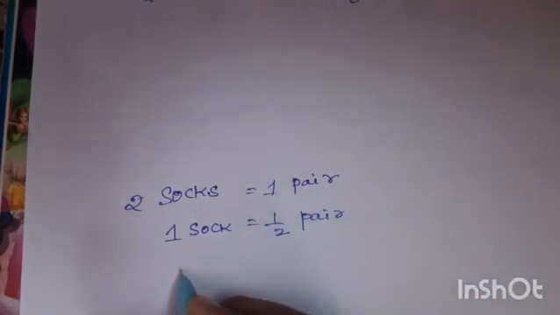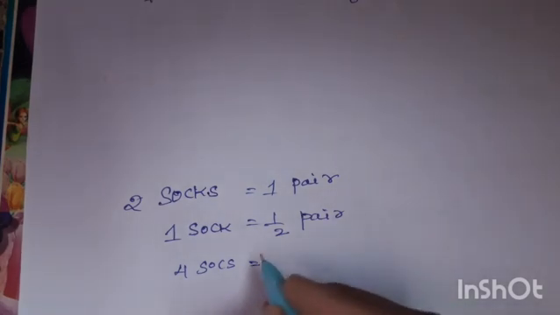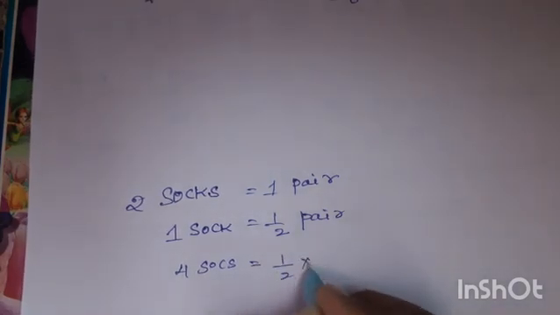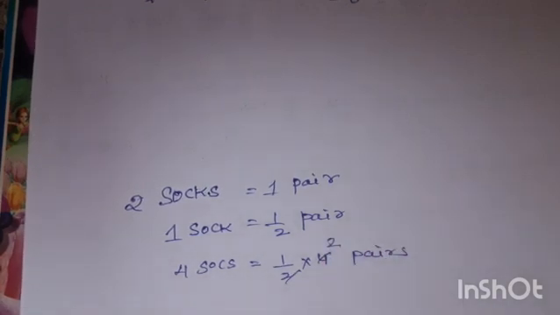If you are given 4 socks and asked to find out the pairs, it is 1 by 2 into 4, that is 2 pairs. 2 socks equal 1 pair, so 1 sock equals half a pair. This is how our brain does the calculation. For 4 socks, it is 1 by 2 into 4 pairs. Okay, like this.